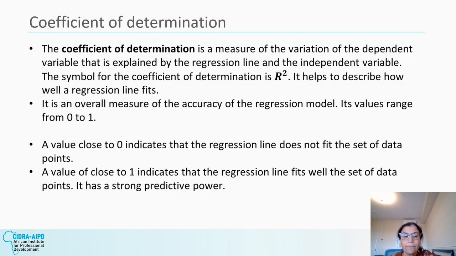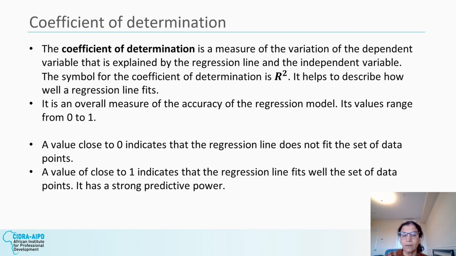Let's understand in detail what the coefficient of determination is. It is a measure of the variation of the dependent variable that is explained by the regression line and the independent variable. The symbol for the coefficient of determination is capital R square.